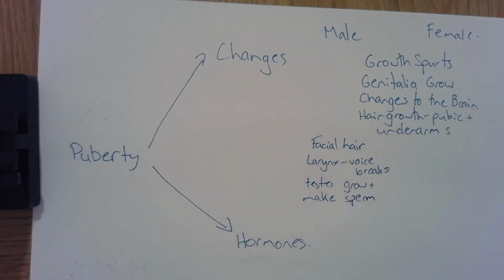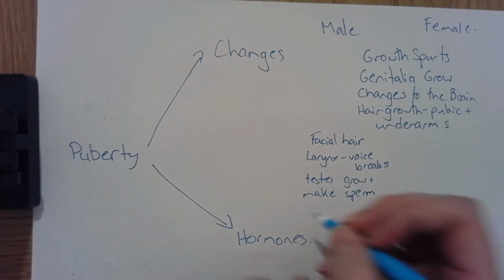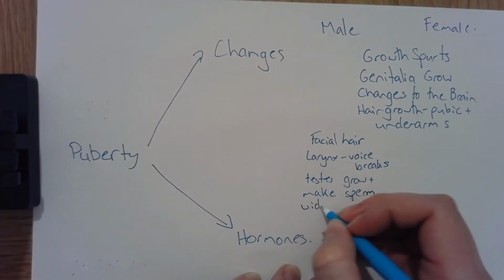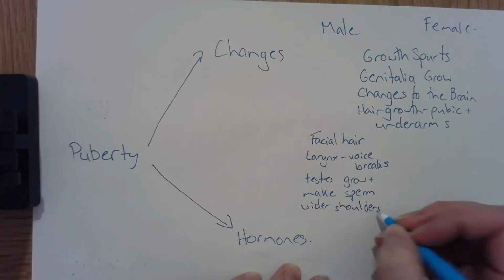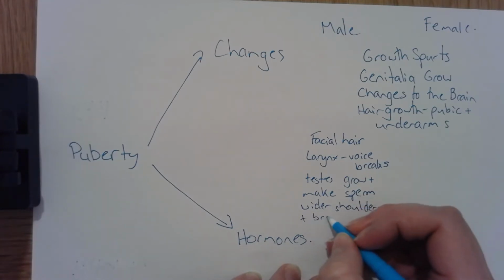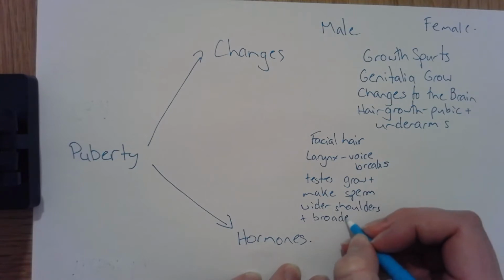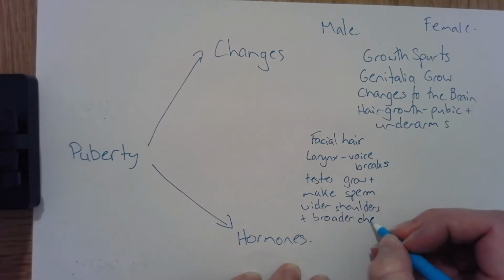And then you end up with body shape changes. Now you get body shape changes in females as well, but it's different body shape changes. So you particularly get wider shoulders and a broader chest in a male, and there are different body shape changes for a female.